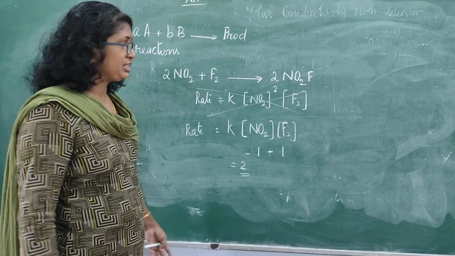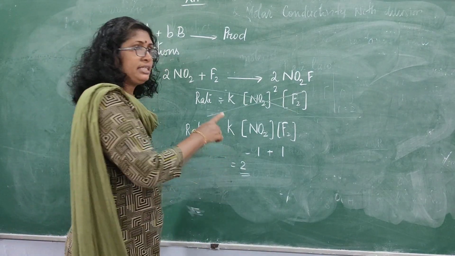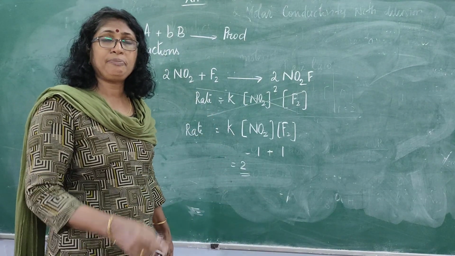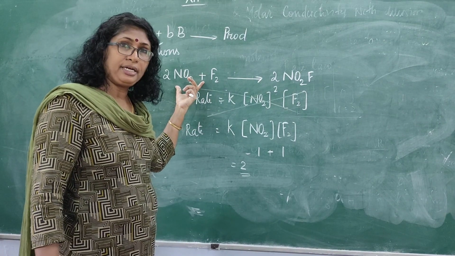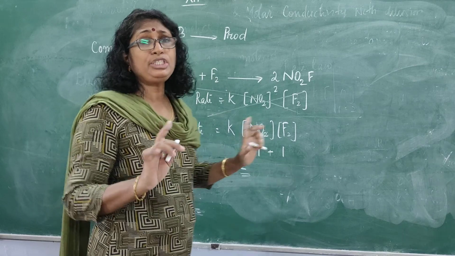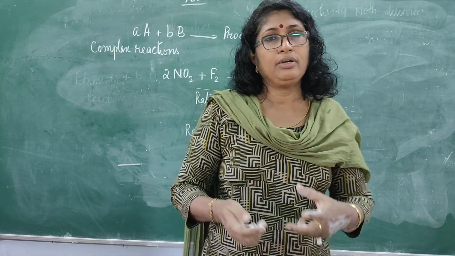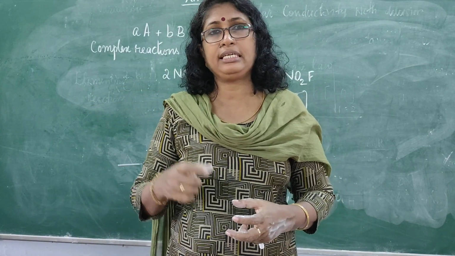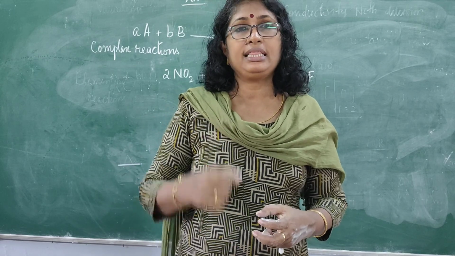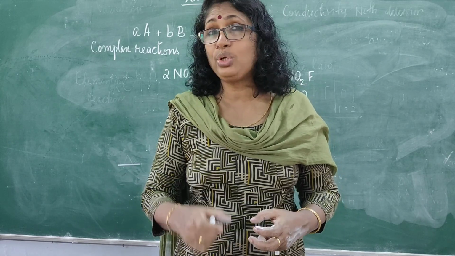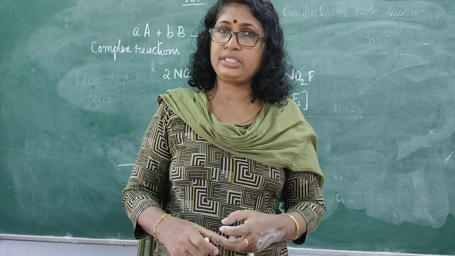In a complex reaction, the order of reaction will be different from the molecularity. But molecularity doesn't show the actual dependence. Only the order of the reaction, that is the power to which the concentration terms are raised, alone shows the actual dependence of the reaction's rate.